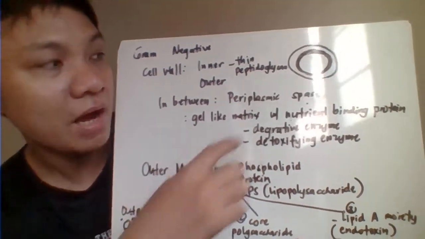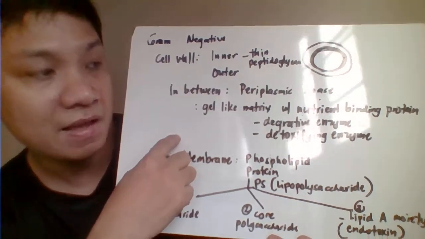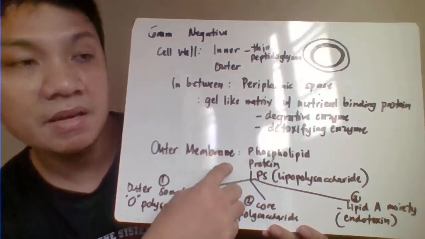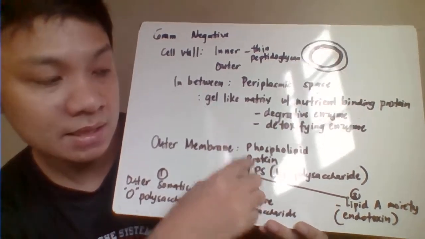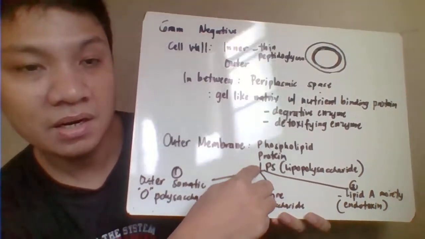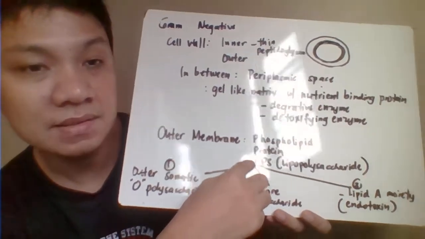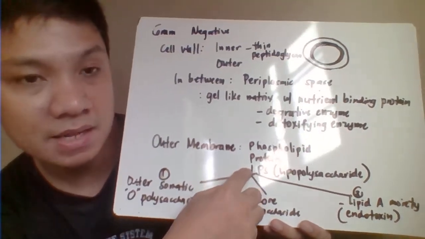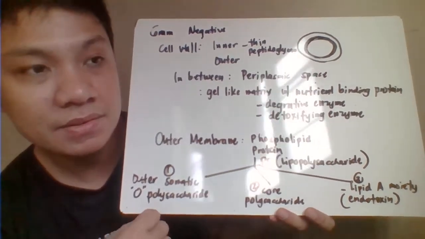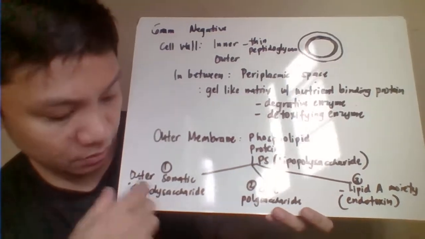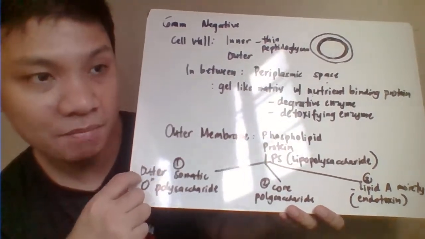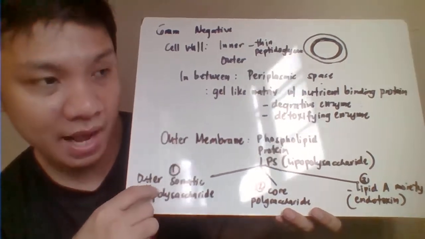Okay, now we go to the outer membrane of your gram-negative cell wall. The outer membrane of your gram-negative cell is made up of phospholipids, protein, and another substance, LPS, lipopolysaccharides. The lipopolysaccharides here are divided into three layers. Number one, we have here the somatic or the O polysaccharide.